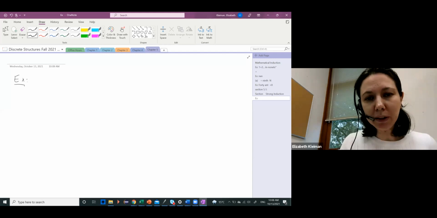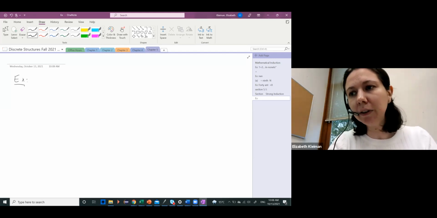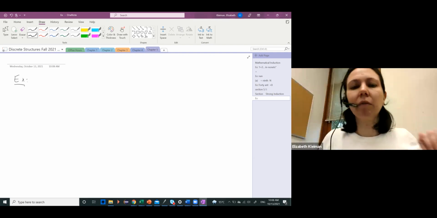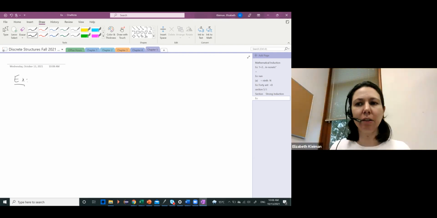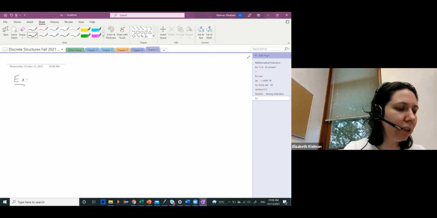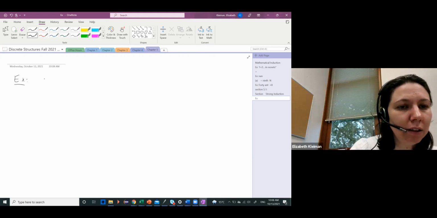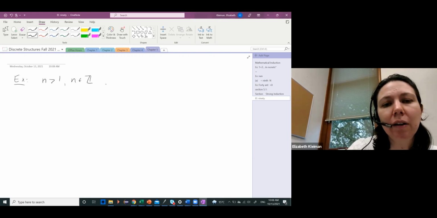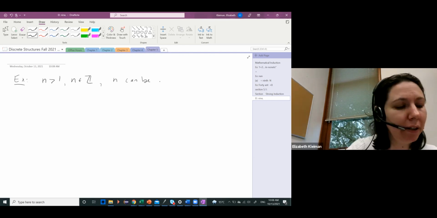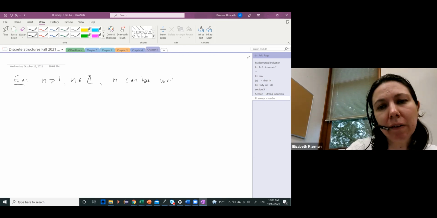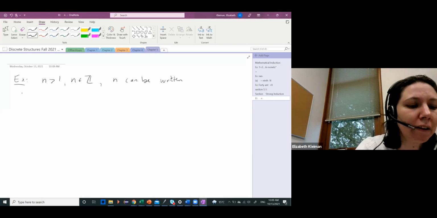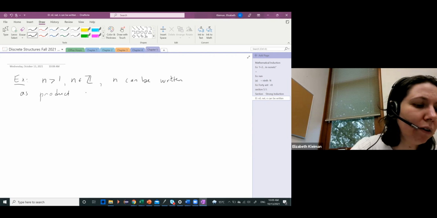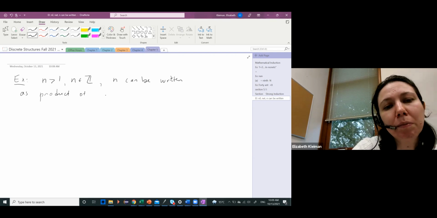And this one is going to be a hard one. Okay, so let's see. n is bigger than 1, n is an integer, n can be written as a product of primes.